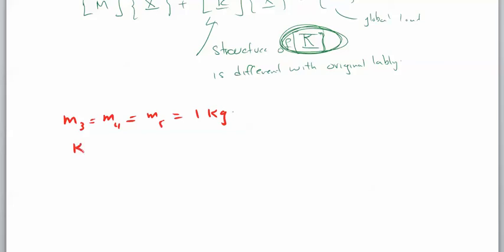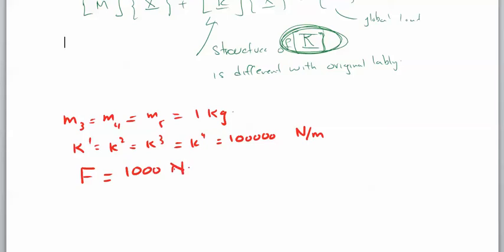And the stiffnesses, all the stiffnesses are the same: K1 equal to K2 equal to K3 equal to K4, and let's say it's equal to 100,000 Newton per meter. Okay. And the actual applied force is equal to 1,000 Newton, then the equation that needs to be solved in time looks like this.